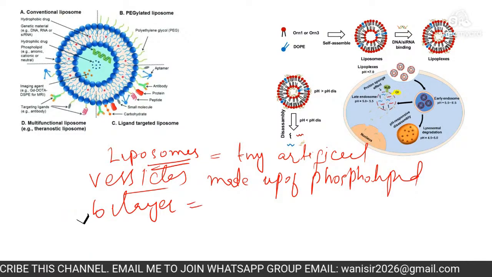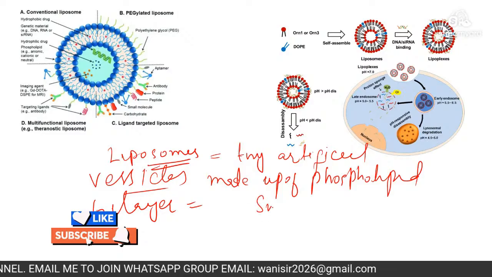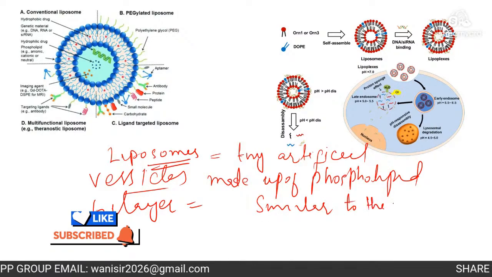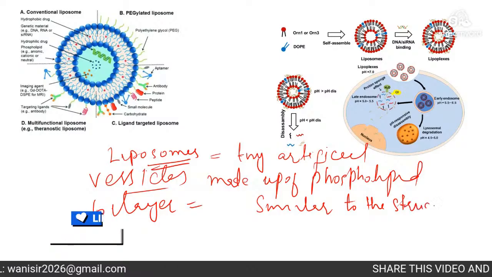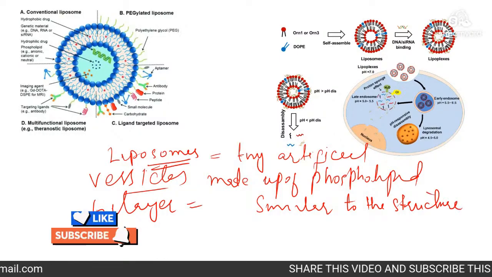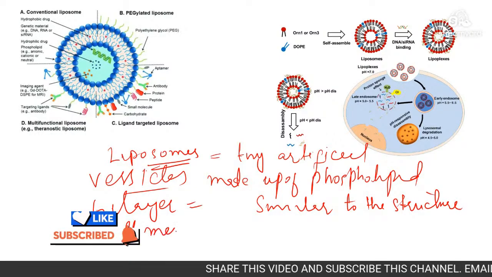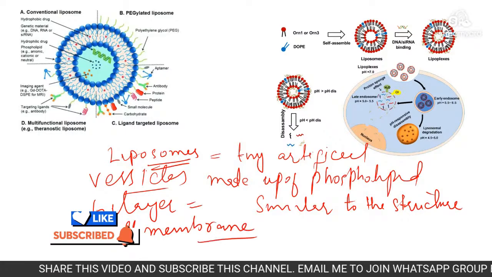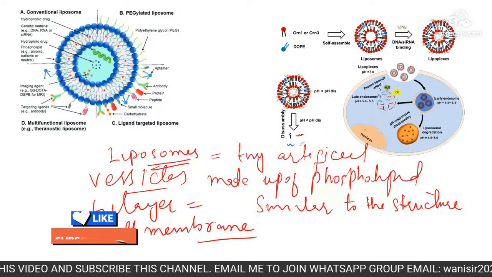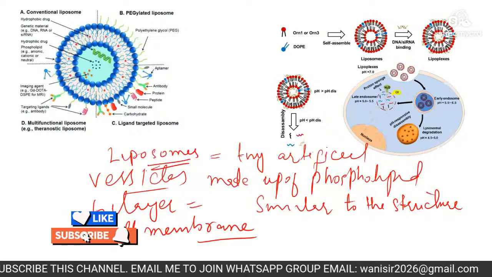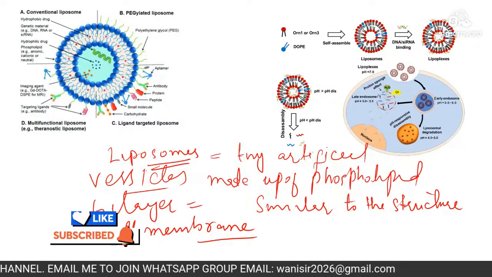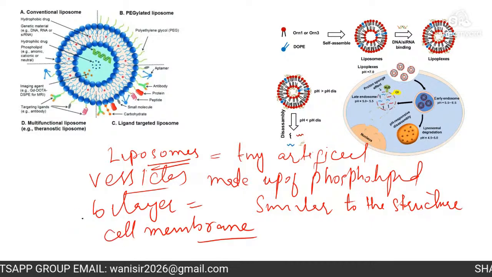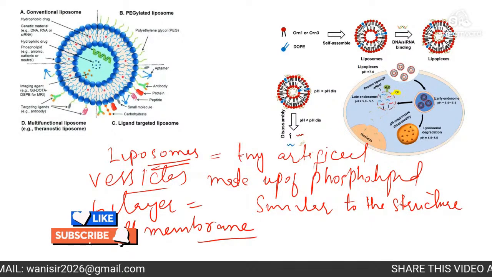They are similar to the structure of the natural cell membrane. The structure is the same: the cell membrane is a double-layered lipid bilayer, and in the same way, these liposomes are also double membrane lipid bilayers. So it is very important to understand this.